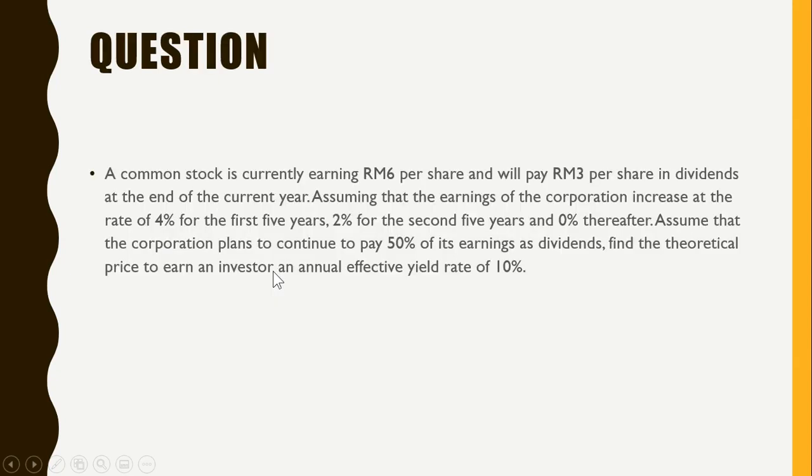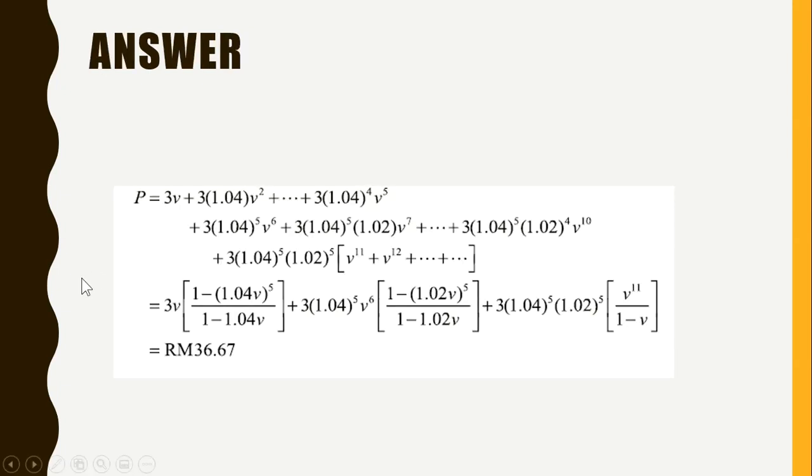Then the question says, and 0% thereafter. So you plus 3 multiply with 1.04 power 5 multiply with 1.02 power 5, and you have to multiply with V power 11 plus V power 12. Why?